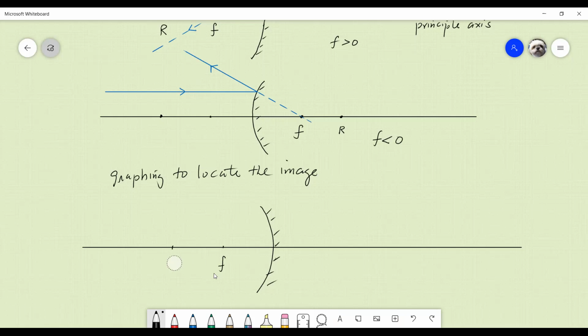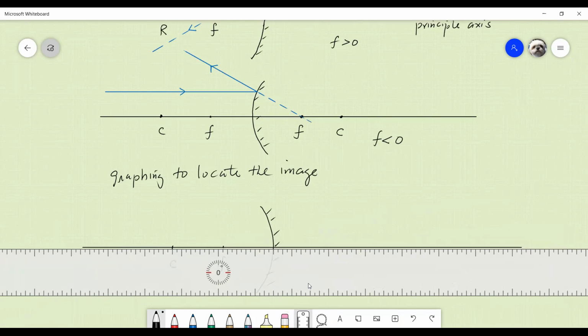Sometimes they don't call it R, they just say C, but it is really the center. You can write this C and F, and the relation is F is equal to C divided by 2, or R divided by 2.